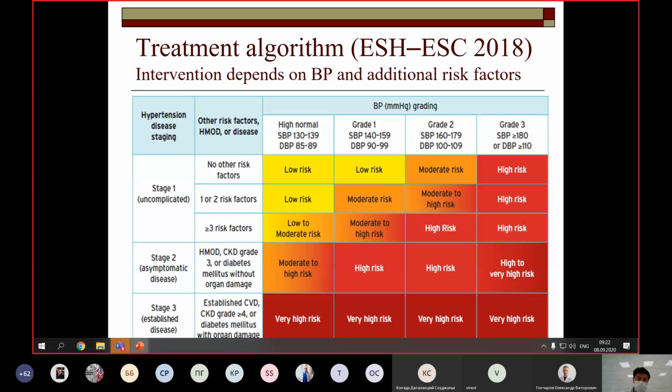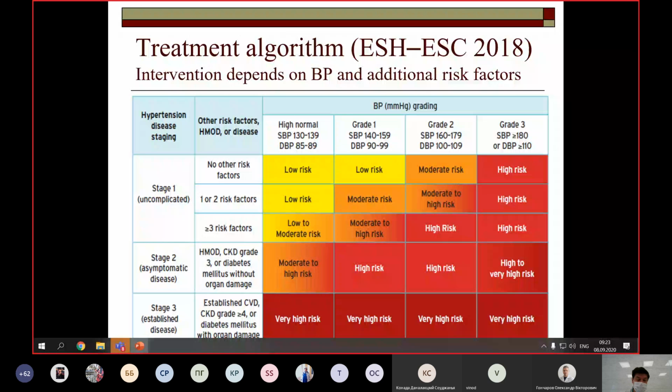So, in fact, our treatment strategy, according to the clinical algorithm provided by the experts of the European Union, takes both parameters into account: the risk of the patient, calculated by some score system, and the BP value. So, finally, we have a very clear table.